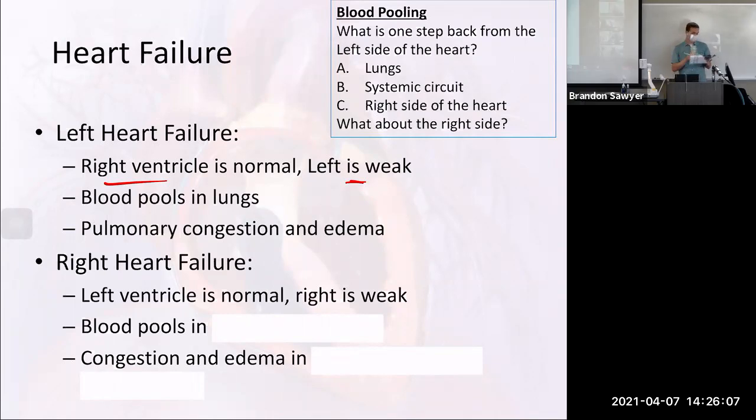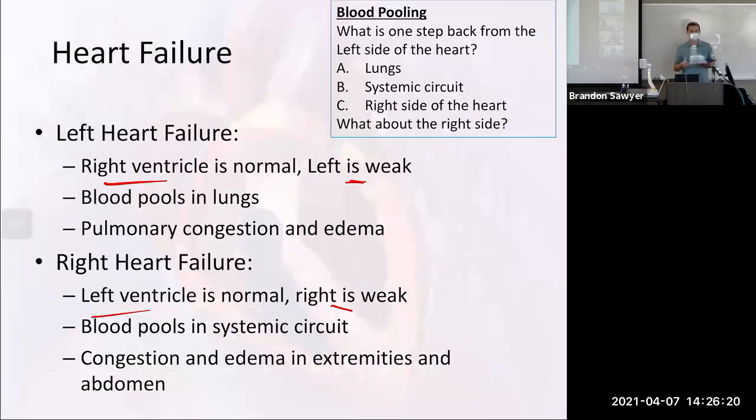If it's right-sided heart failure, then the left ventricle can be normal, but the right's weak. Blood's gonna pool one step back from the right side of the heart, which is the vena cava, right? That's just gonna go back into the body, okay? And so that's congestion and edema in the extremities, in the abdomen. So people that get really swollen ankles, and sometimes you see swelling in their abdomen, that can be related to right-sided heart failure.